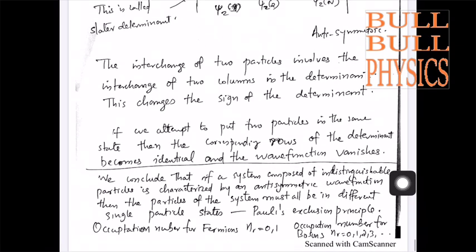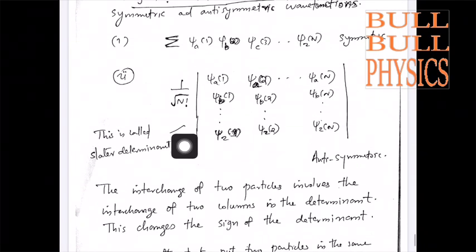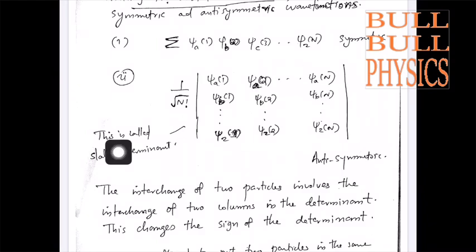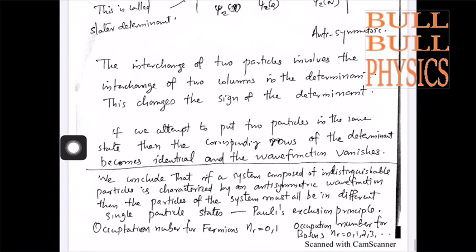vanishes. From this we conclude that if a system is composed of indistinguishable particles which are characterized by an antisymmetric wave function, then the particles of the system must be in different single particle states.